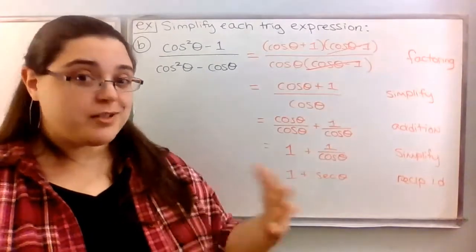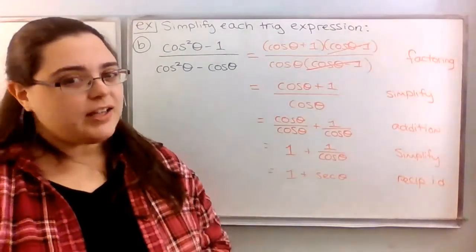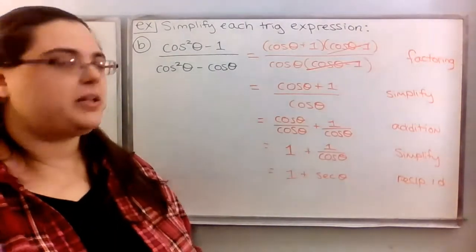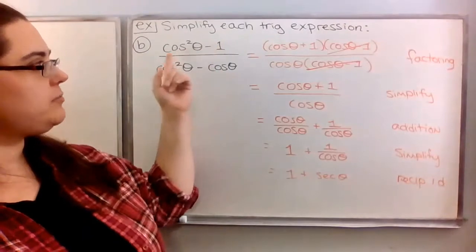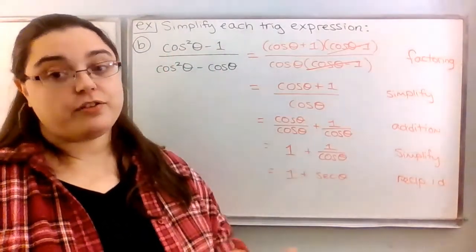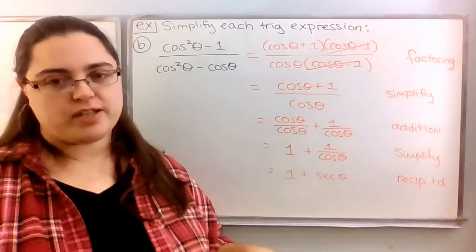Now, I do want to point out a common place that you might try to start something like this would be to use a Pythagorean identity, because we have these cosine squares. The reason I would advise against a Pythagorean identity for the beginning of this one is because everything is already in terms of cosine.